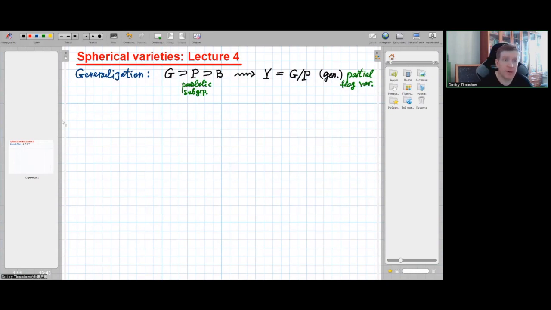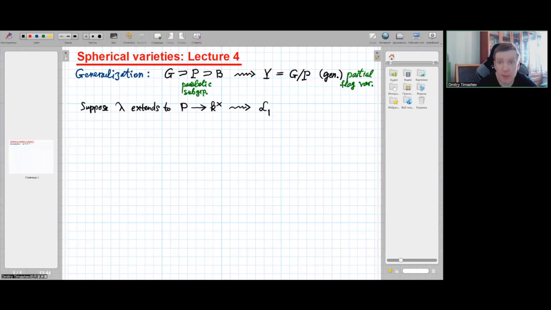And I'm restoring the notation from the previous lecture. Suppose a character lambda of B, the Borel subgroup, extends to a character of P. Then, of course, we can associate with this character of P a homogeneous line bundle.